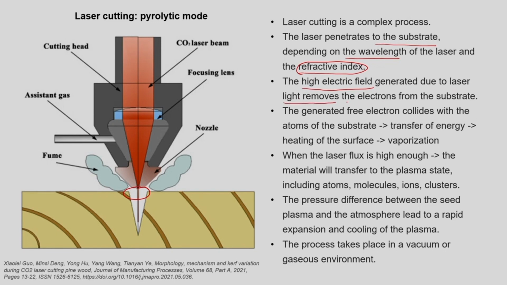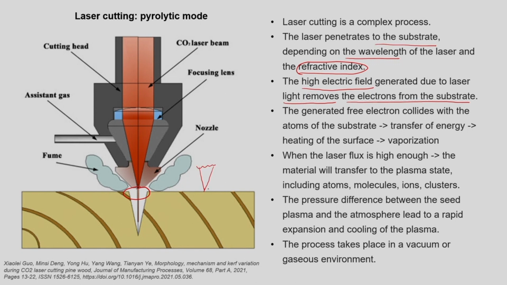When we apply the laser, the high electric field generated by the laser light removes electrons from the substrate. These electrons collide with the atoms of the substrate.